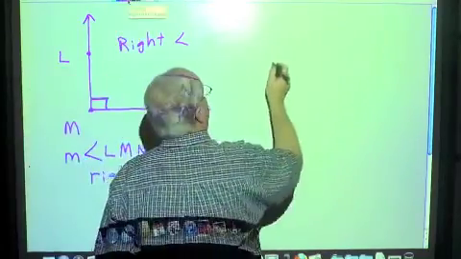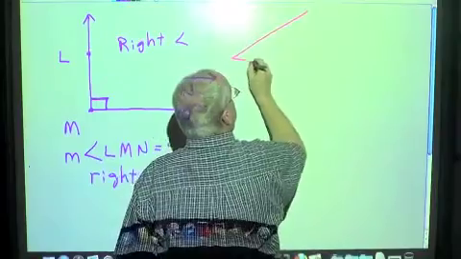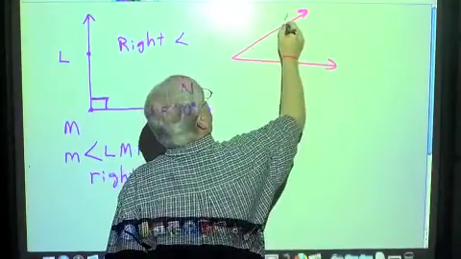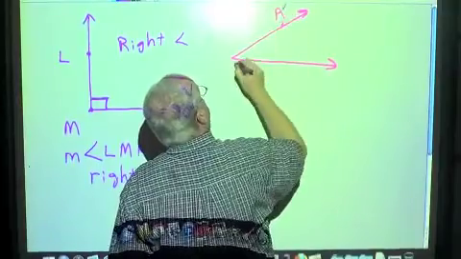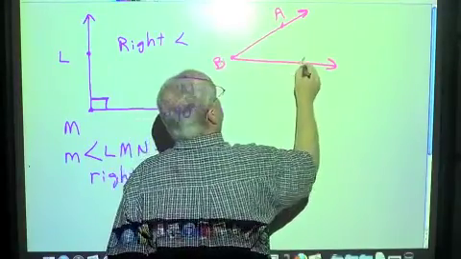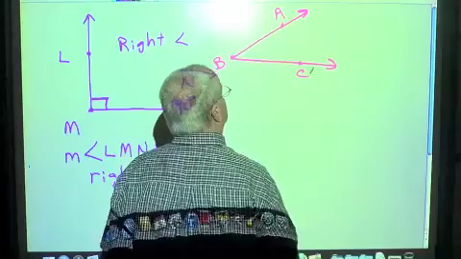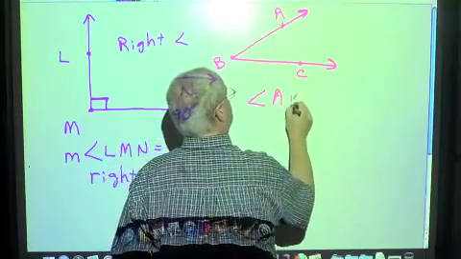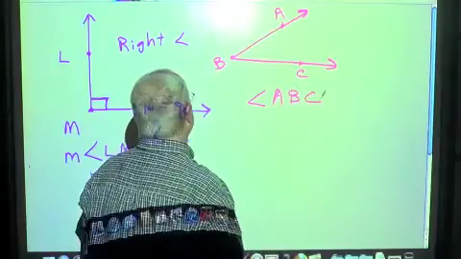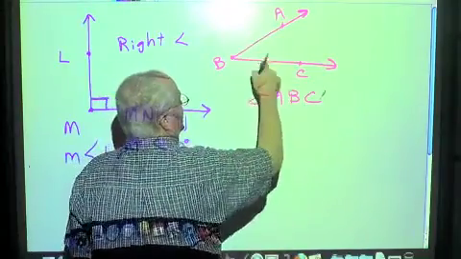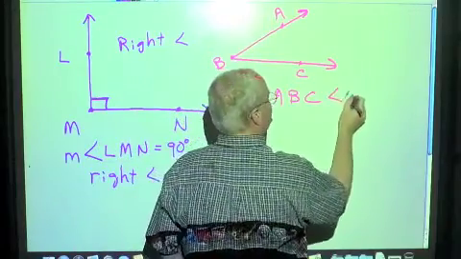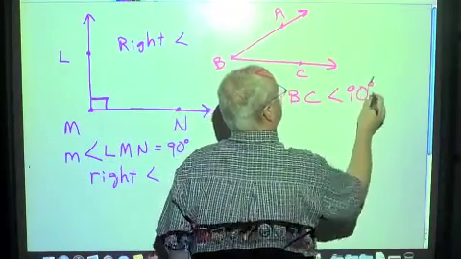You can also have an angle ABC. Okay? This angle, angle ABC, would be known as an acute angle because the measure of angle ABC is less than 90 degrees.